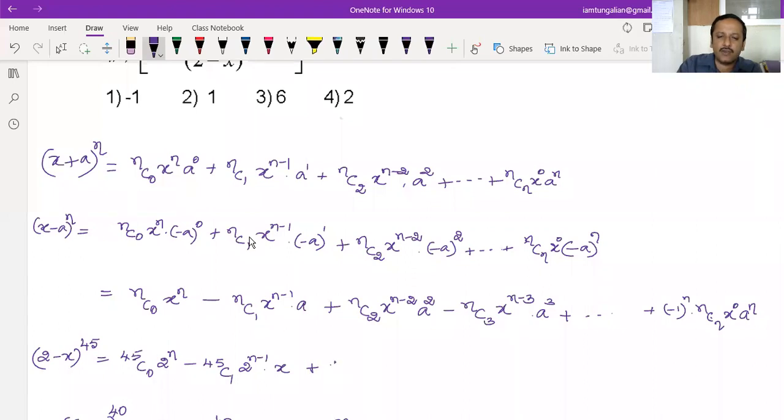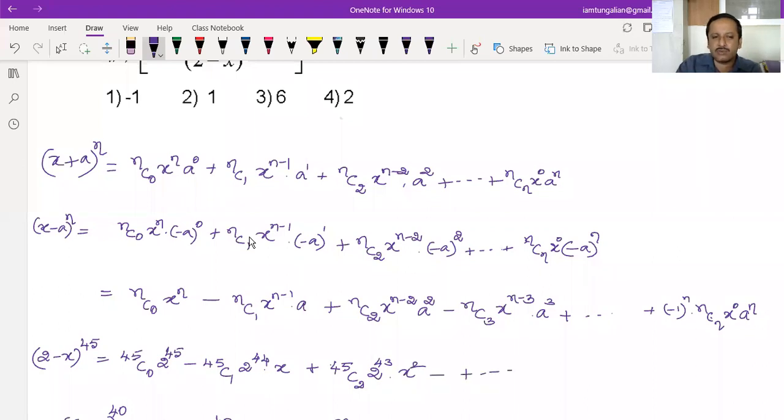What is n here? 45. 45C2. x means 2 here. 2 power 43. What is n? That also, right? n is 45 here. 2 power 45. This will give you 2 power 44. Here 2 power 43 into x square minus plus etc.